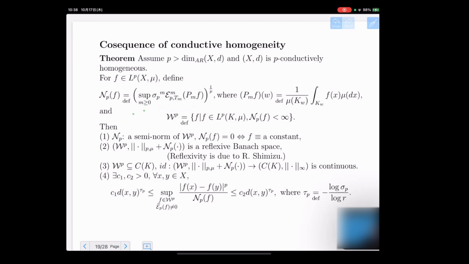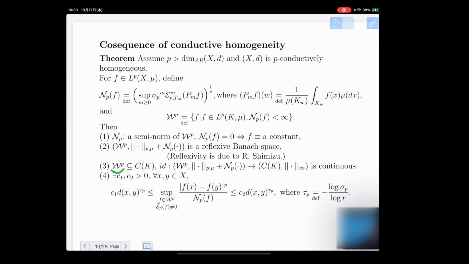Taking this NPF, actually NPF is a seminorm, and it is a substitute for the P energy. WP is the space where this P energy is finite. This space, with the LP norm plus this seminorm, is a reflexive Banach space, and the reflexivity is due to Schmitt's result.